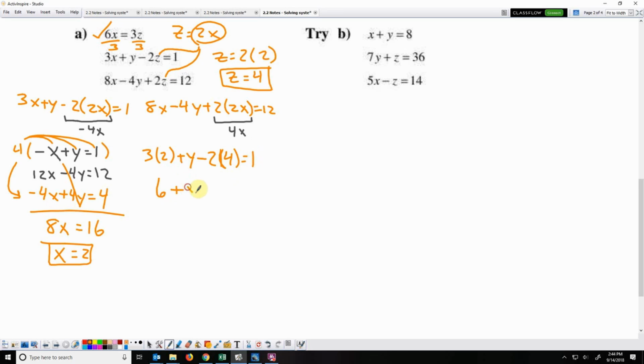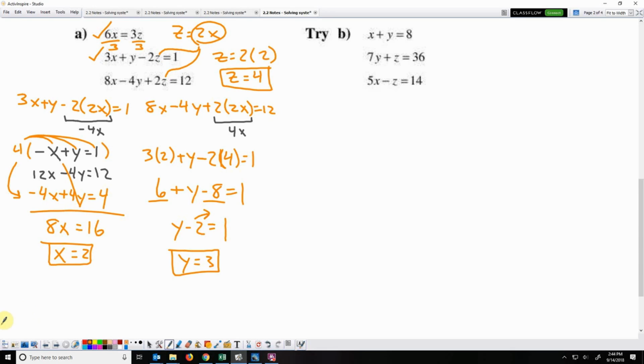So that's 6 plus y minus 8 equals 1. 6 minus 8, that's like terms, y minus 2. And add that to y equals 3. Okay, so I got that answer by plugging x and y in here. So I'm certain that my x, y, and z are going to check out here.